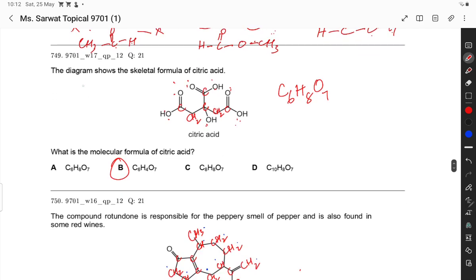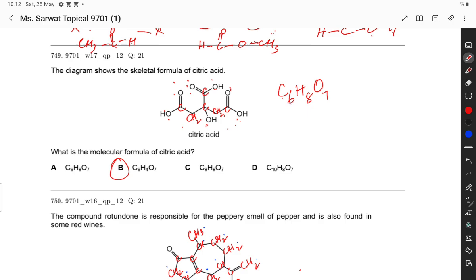Next question. The diagram shows the skeletal formula of citric acid. What is the molecular formula of citric acid? This is very simple by counting the number of atoms. First identify how many elements are there. So in this compound carbon, hydrogen and oxygen are present. First count the number of carbon atoms like this, and then hydrogen atoms, and then oxygen atoms.